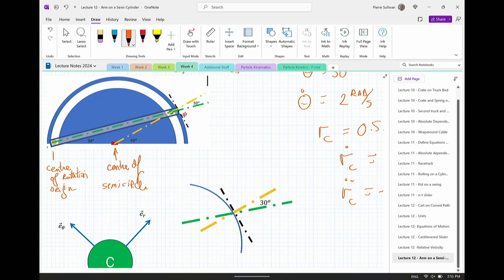So in this case, I have the center of rotation, and I have the center of the circle. So tan of psi is equal to r_c over dr_c d theta.